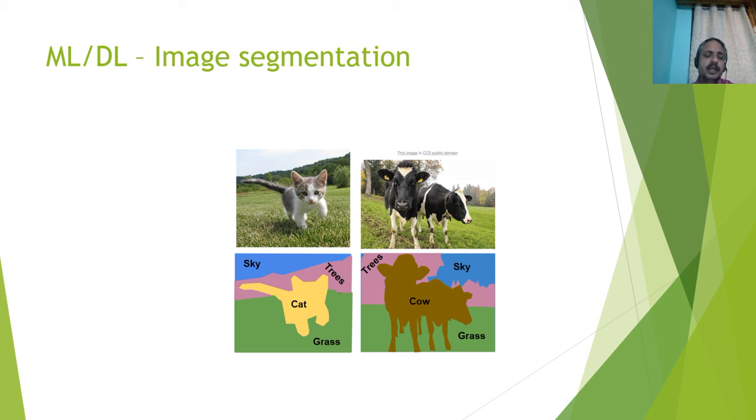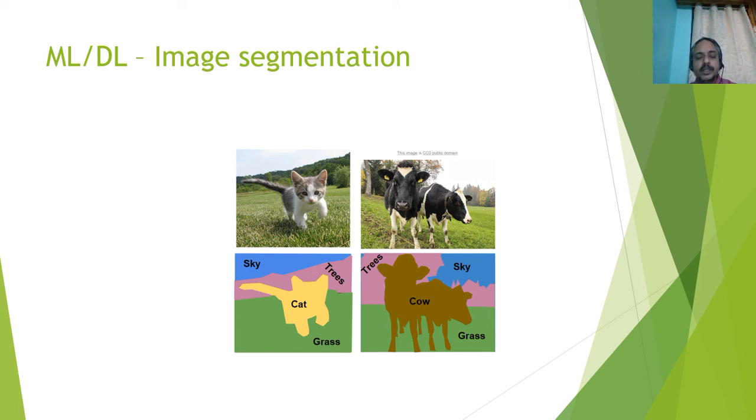So we are sending hundreds of images of a cat, hundreds of images of grass, hundreds of images of sky. When you send these hundreds of images to the program, the software can analyze the pattern, and once it analyzes the pattern, it is stored in memory. The next time when you send an image to the software, it is able to identify and predict the output.